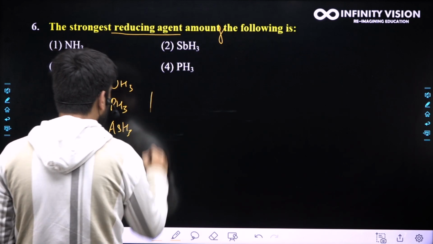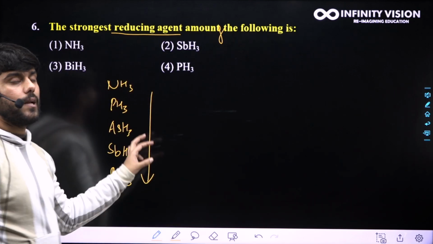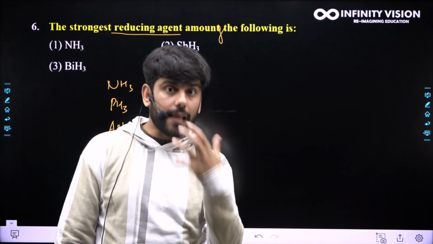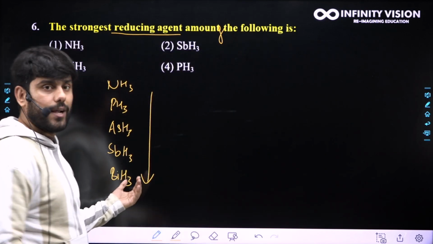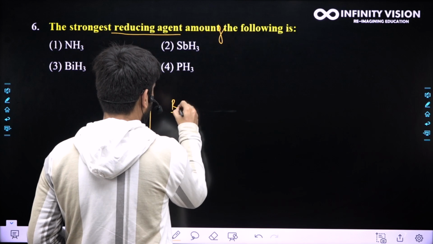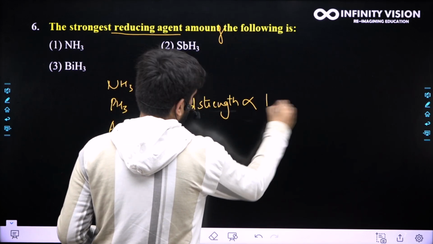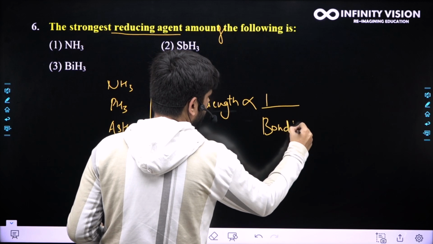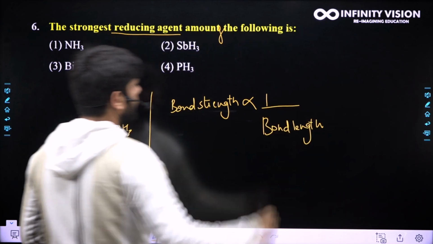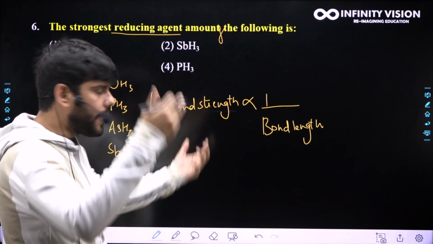So we know what happens down the group. Down the group, the bond enthalpy of these hydrides decreases, or we can say the bond strength decreases. Right? Why? Because it is inversely proportional to bond length. The bond becomes weaker as we go down.